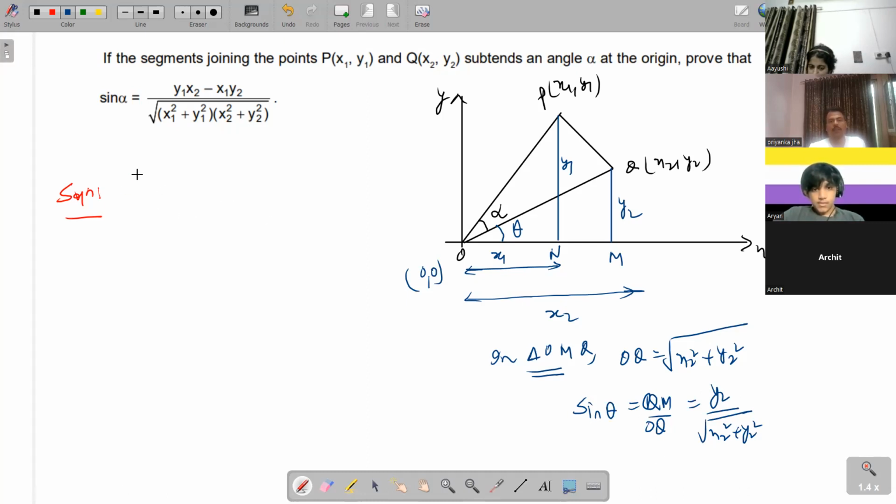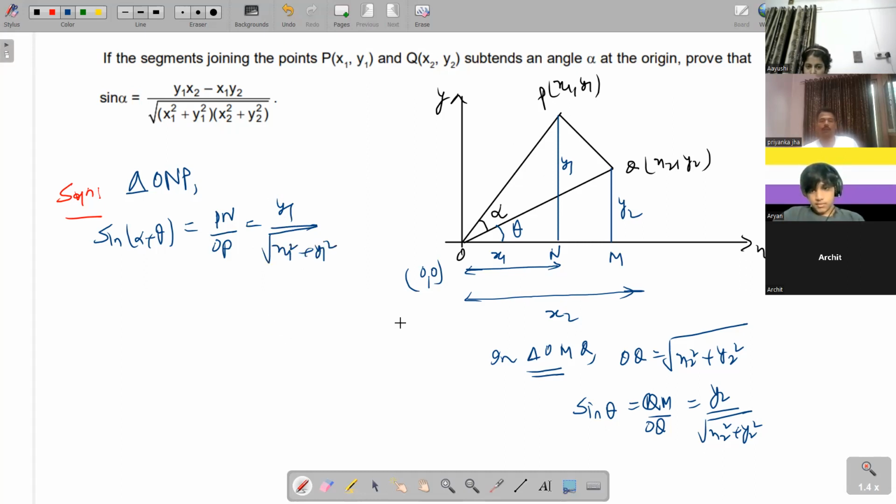And if I say in triangle ONP, the complete angle would be alpha plus theta. Sine of alpha plus theta can be written as PN upon OP. PN, you know how much? This distance is y1, equivalent to the y coordinate of this. And OP, using the distance formula, would be the square root of x1 square plus y1 square.